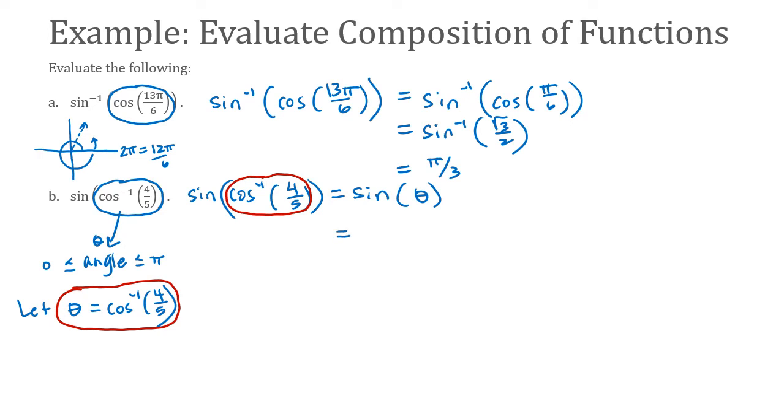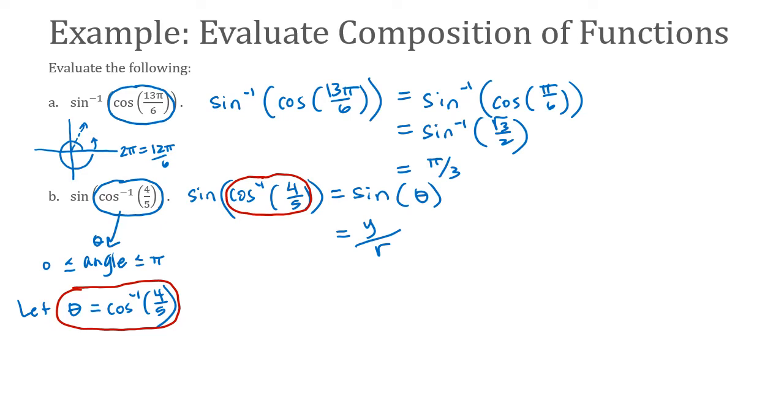Well, the sine, we know, is the ratio of y over r. So if we can find y and r, then we have it. Do we know anything about y and r? Well, if I go back to how I defined theta, theta is equal to inverse cosine of 4/5.